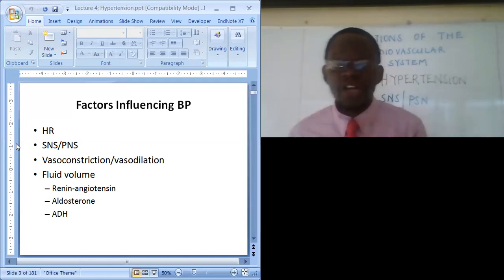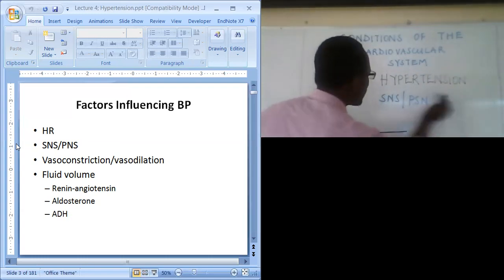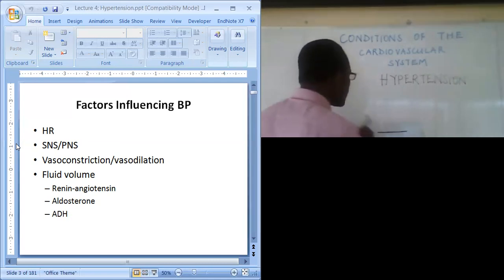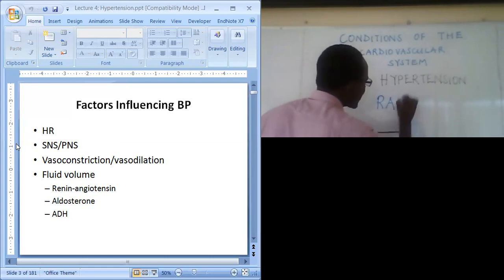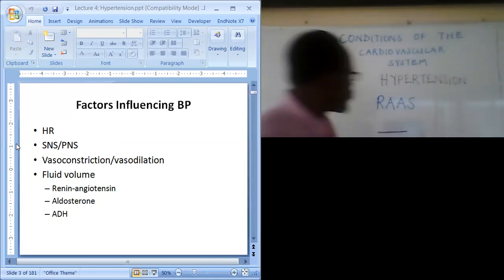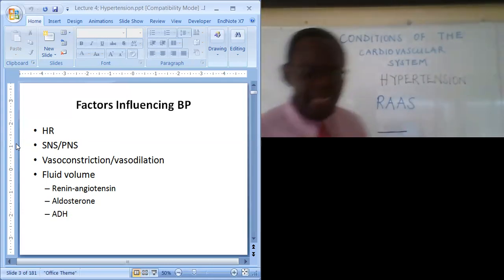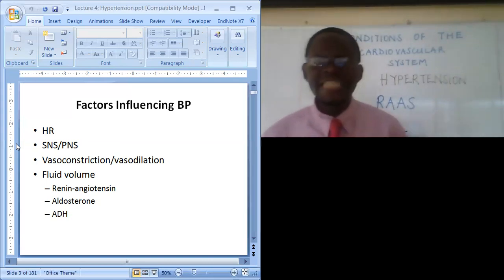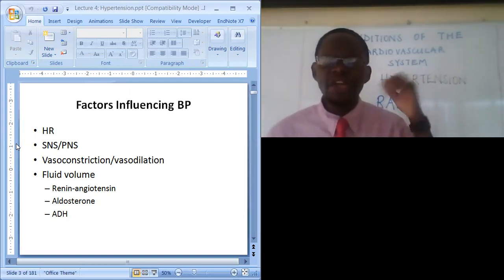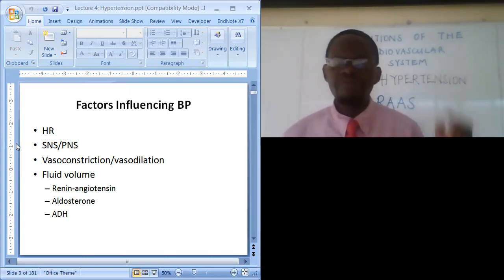Now, blood volume is regulated by systems. We have what we call the RAS, the renin, angiotensin, aldosterone system. We shall look at that. The RAS is one of the mechanisms put in place by the body for regulation of blood volume.